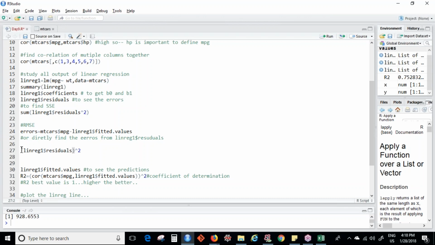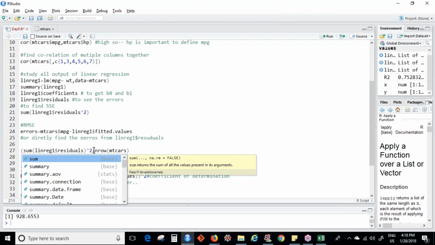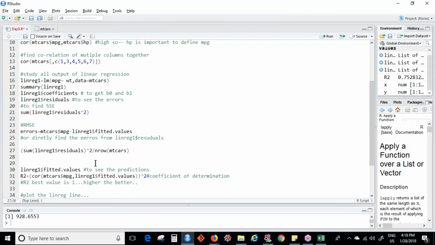Error is done, square is done. Now I have to take the mean of it. To take the mean of it, I'll divide it by the number of rows. After this I'll have to take a sum of it, and then finally I take the square root of everything.